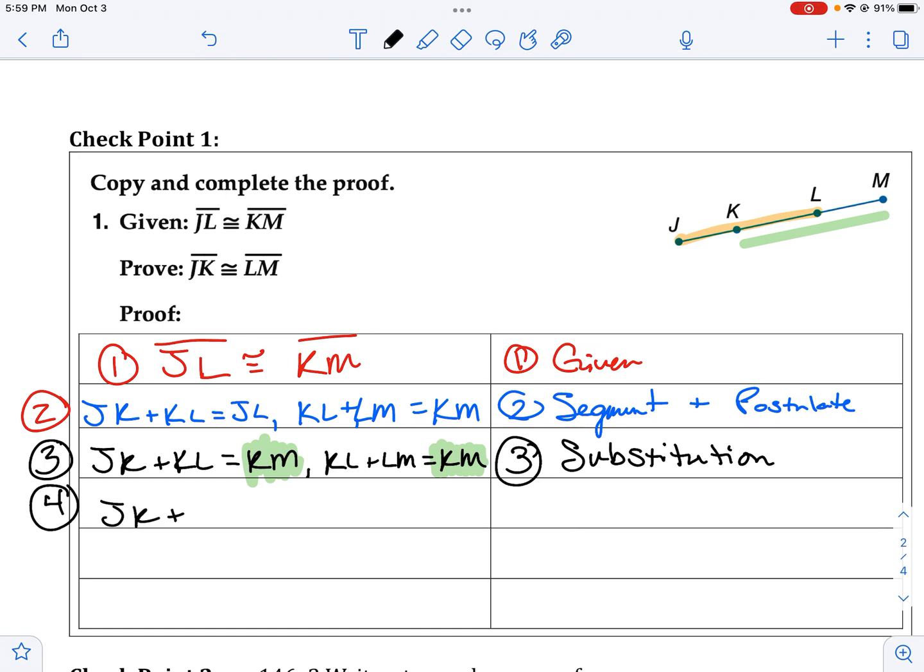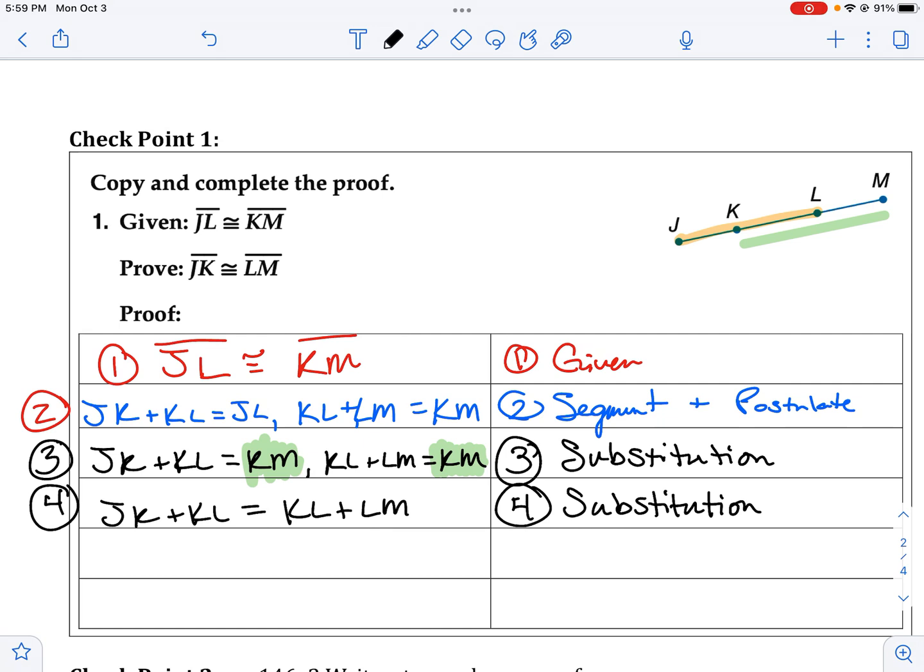So JK plus KL, because that equals KM, and so does this other stuff, I can say that instead of KM, I could write that as KL plus LM. Now you could call that substitution.